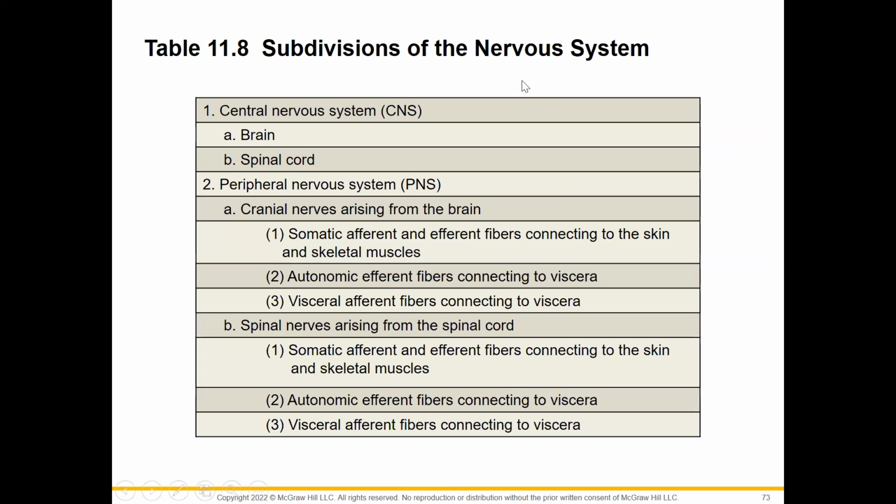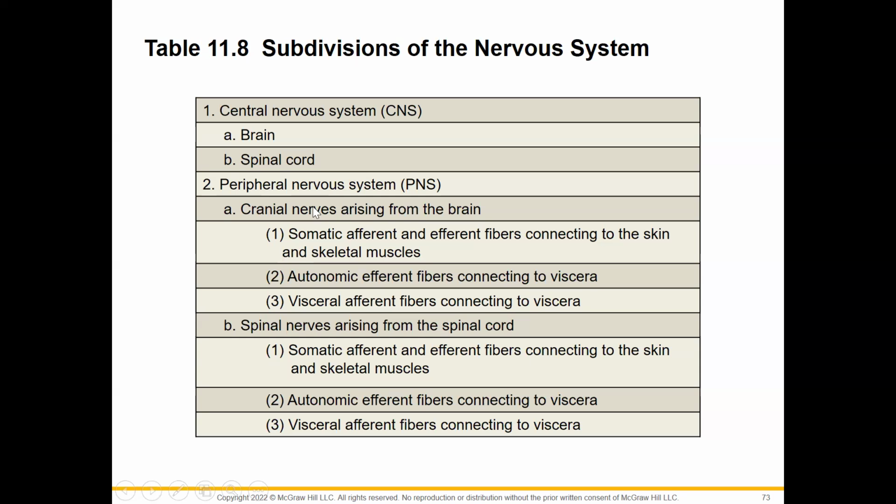Make sure that you look at this chart to see the different subdivisions of the nervous system. So you have central nervous system and peripheral nervous system. The central nervous system is made up of the brain and spinal cord. The peripheral nervous system is divided into two portions.